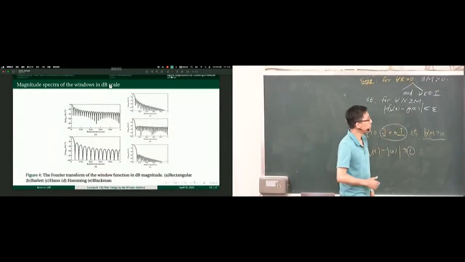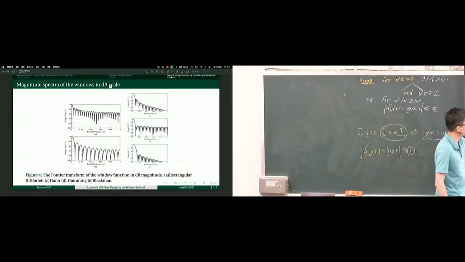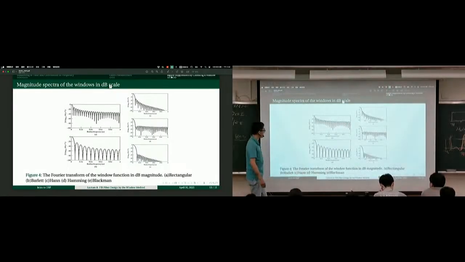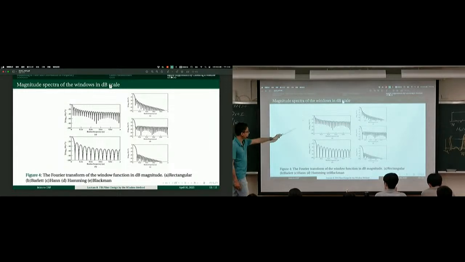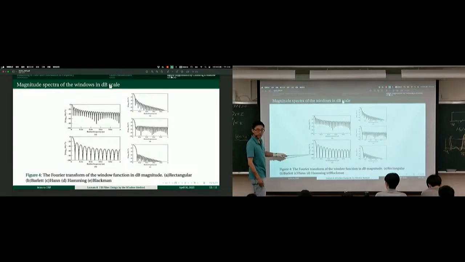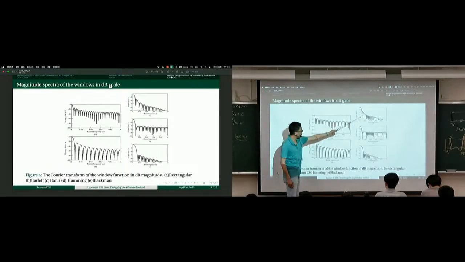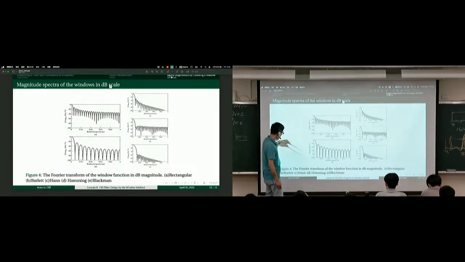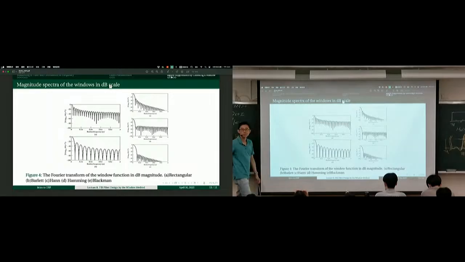Now, here is a plot of the 5 windows. If you compare the Fourier transform magnitude spectra of each of the 5 windows: the rectangular right here, the Bartlett, the third one is the Hahn window, the fourth one is Hamming, and the last one is Blackman.